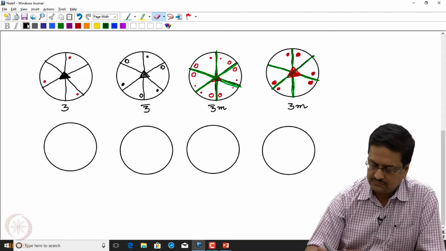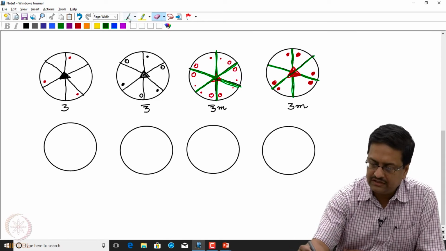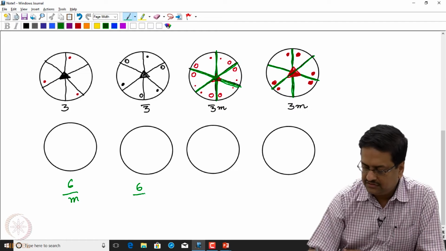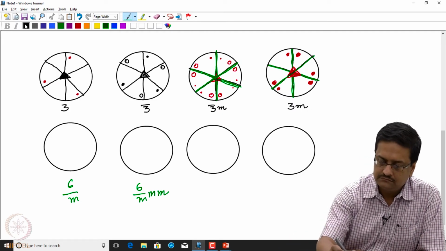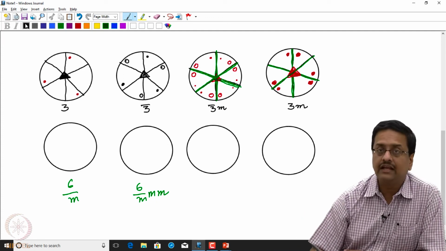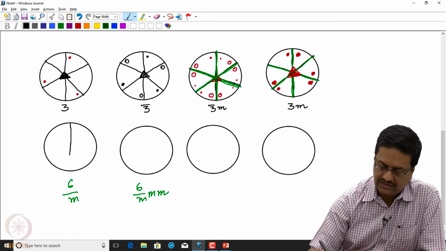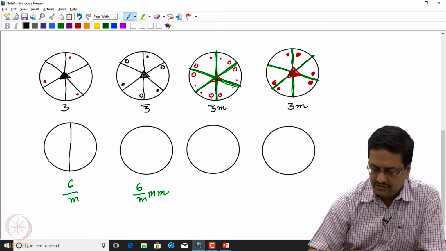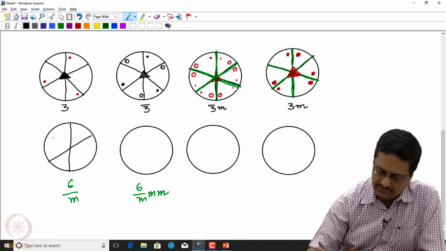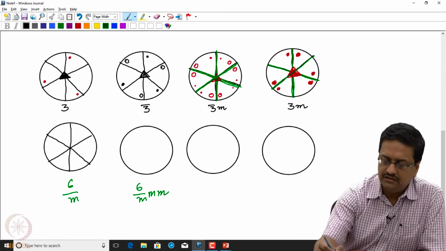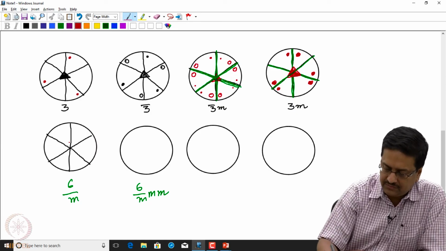We should draw 6 by M and 6 by M, M, M. So when we again say it is 6 by M, it means we have a 6-fold axis along Z. So we again divide this into 6 parts. The 6-fold axis that we are talking about is here.